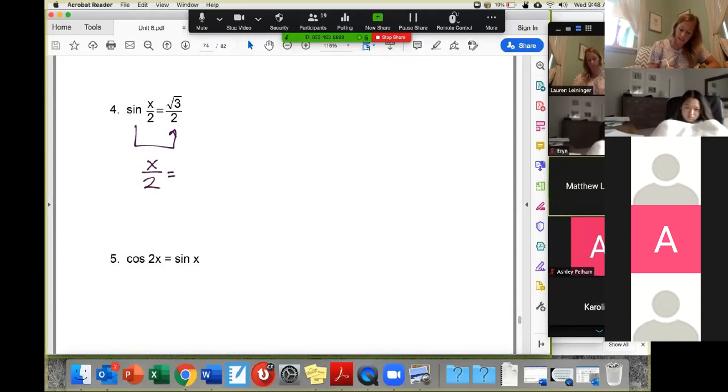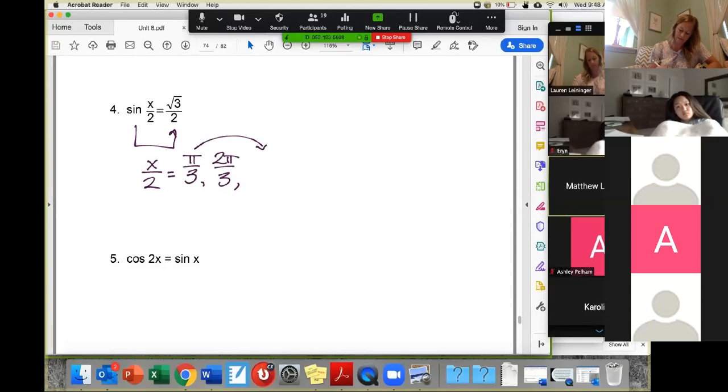So let's just say you're going to be cautious and add 2 pi. Sine is equal to root 3 over 2 at pi over 3 as well as 2 pi over 3. Let's say on a test or quiz you think, well, I don't know whether to or not, so let's just add 2 pi to each of these.